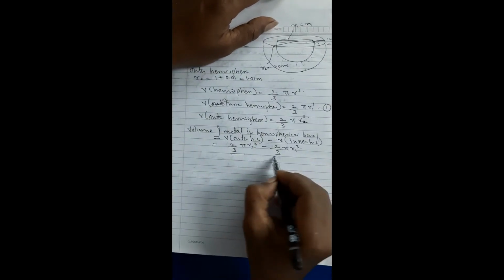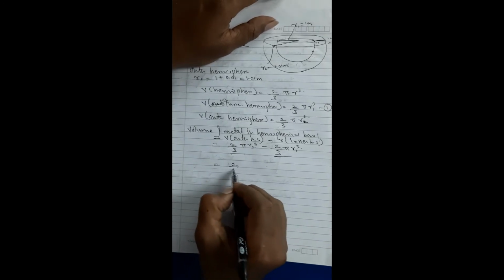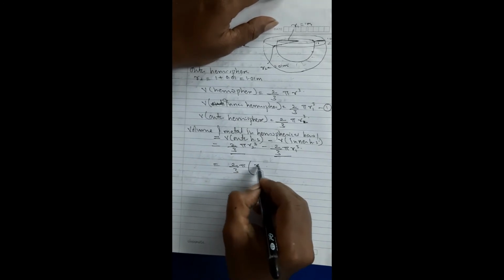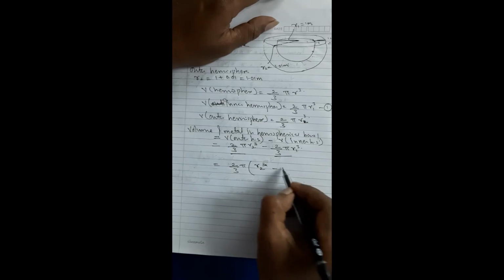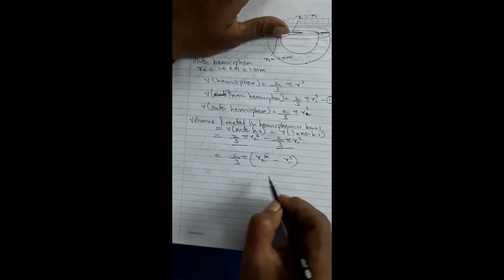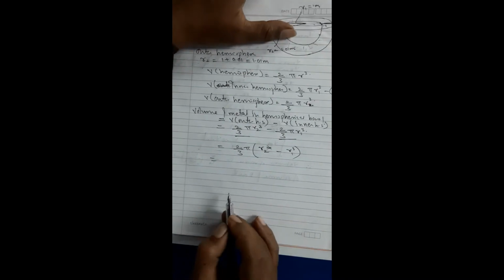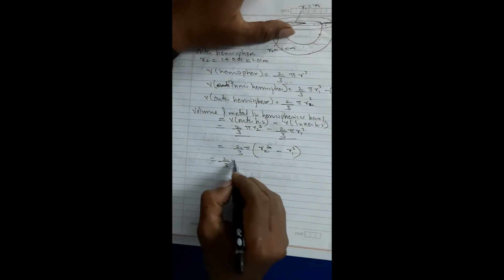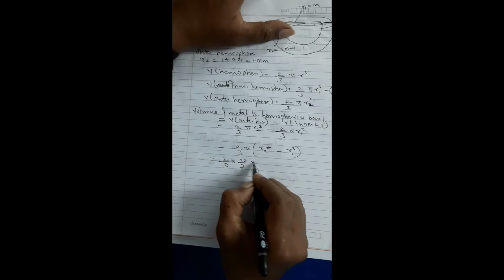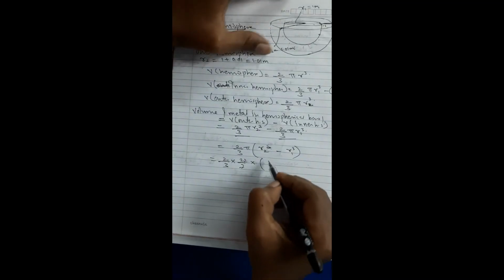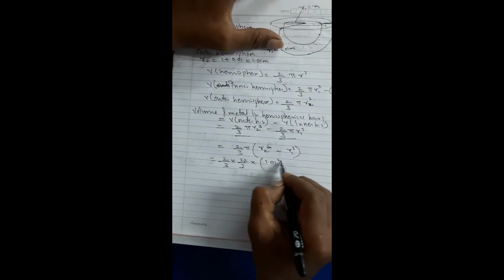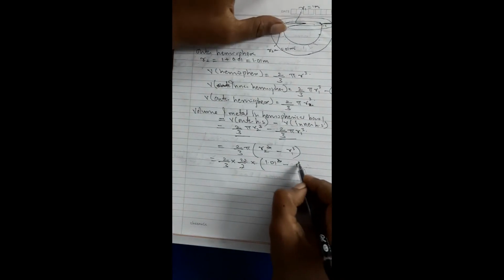So 2 upon 3 pi goes out as a common factor and we get r2 cube minus r1 cube. Pi is not specified, so 2 upon 3 into 22 upon 7 into 1.01 cube minus 1 cube.